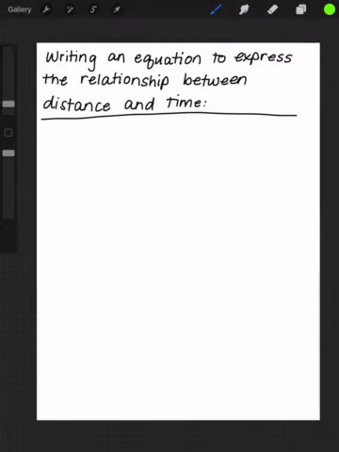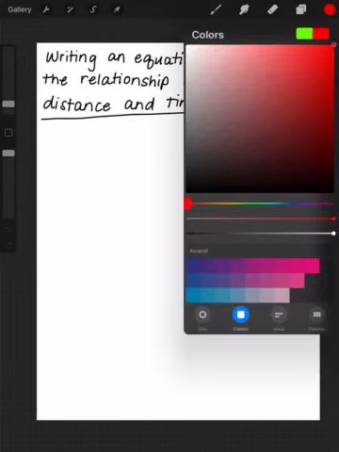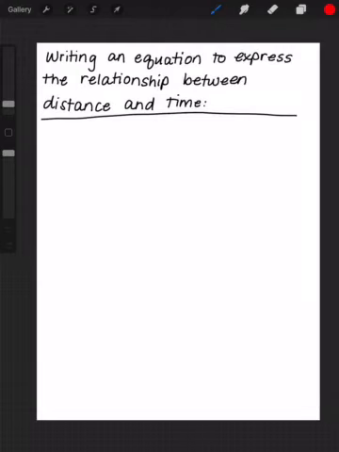All right. Now comes where we tie in our information from chapter 6, writing equations. Everyone loves equations, right? All right. So when we are doing equations for distance and time, what we are trying to figure out is our speed. Okay.